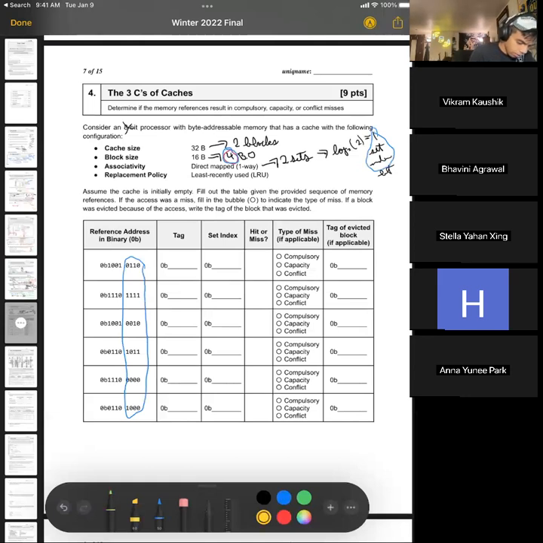And so that tells me that this last bit right here is the set index, and everything else, so the first 3 bits here, are going to be the tag. So let's go ahead and just copy that down. The first 3 bits are always the tag, and then the set index is that last bit in that first 4 bit clump.